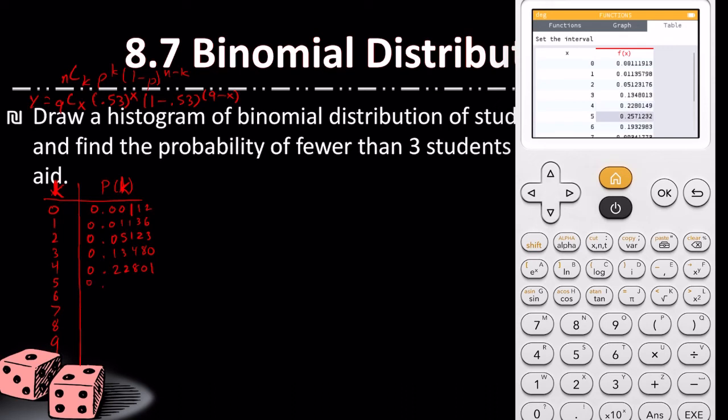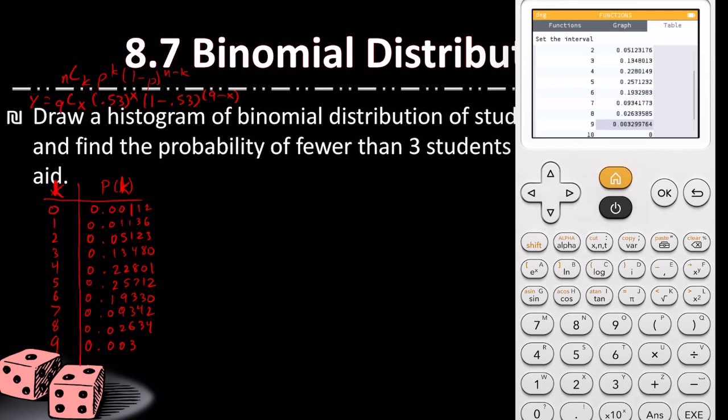For 5 is 0.25712. For 6 is 0.19330. For 7 is 0.09342. The 8 is 0.02634. And lastly, 9 is 0.00330. And notice 10 is 0 because I can't choose 10 out of 9 people. Best I can do is choose 9 out of 9.